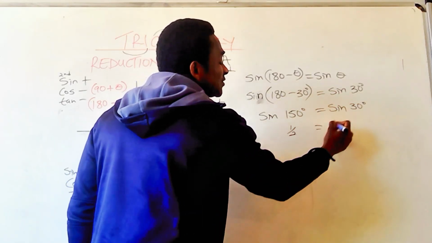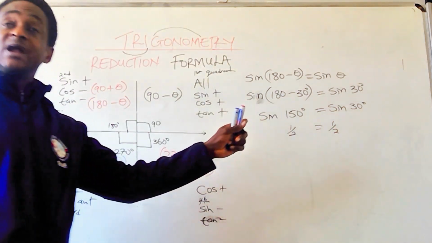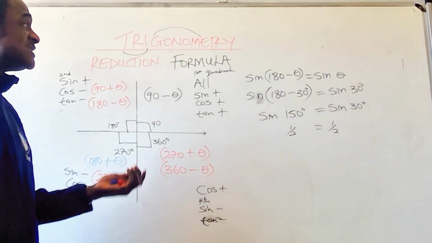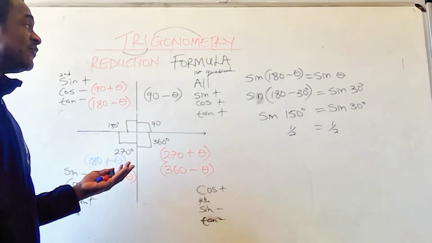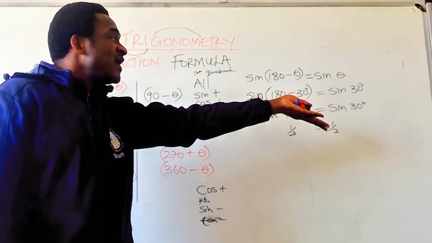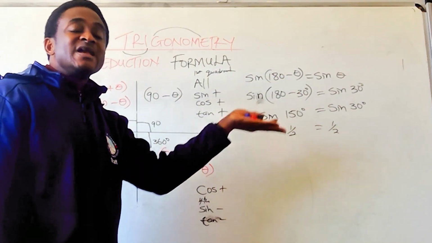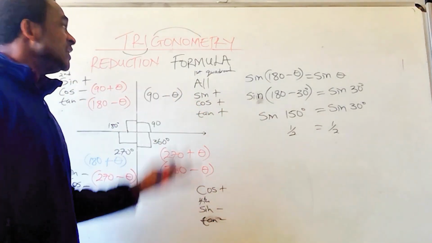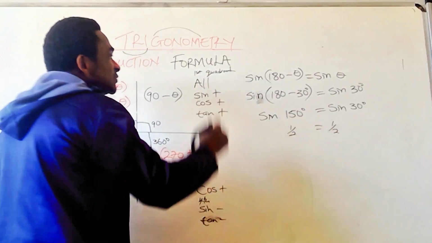If you punch it in your calculator, you will see that sine of 150 degrees is equivalent to sine of 30 degrees. That is the essence of working with the reduction formula. When you have very high values, you can easily reduce them and then get the actual equivalent from these formulas. Now, let's go on.